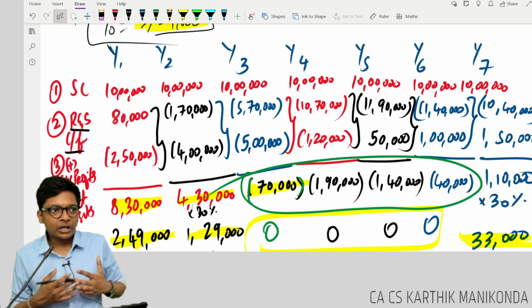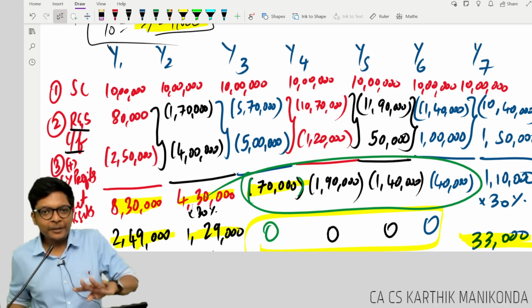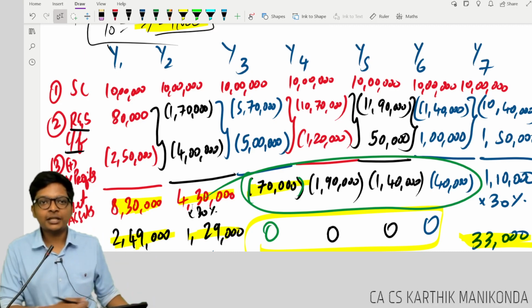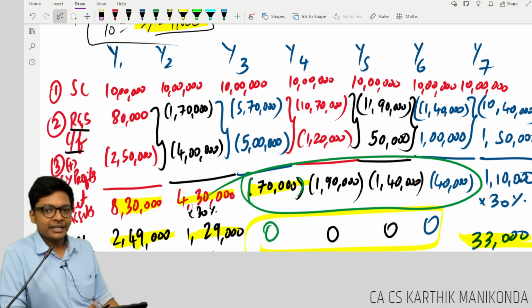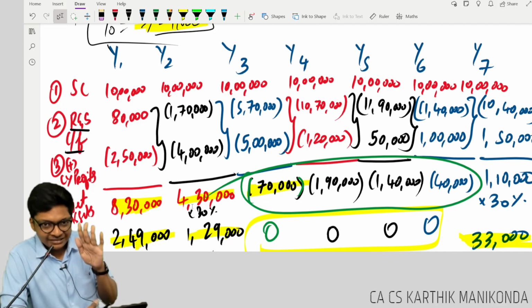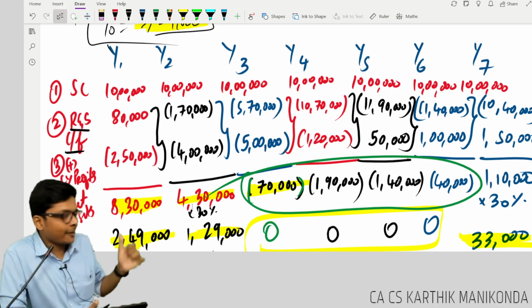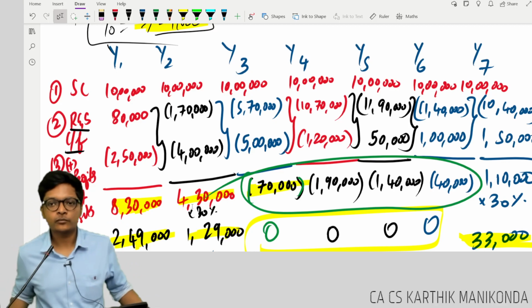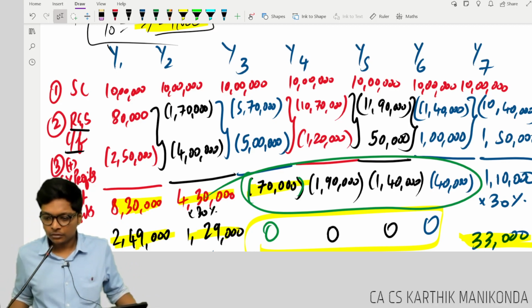So whether you don't know consolidation all steps, this is step number 4 of consolidation, computation of minority interest. Anybody has doubt in this, in any concept or any computation part? First here offline, anybody? Online? Yes, doubt?